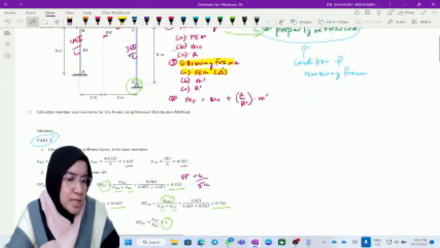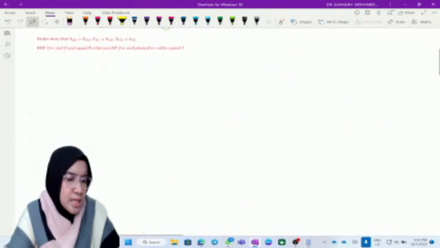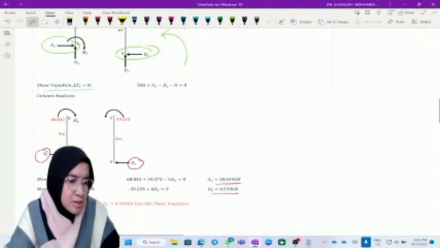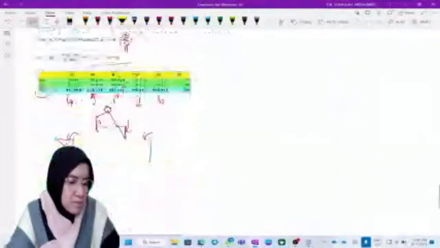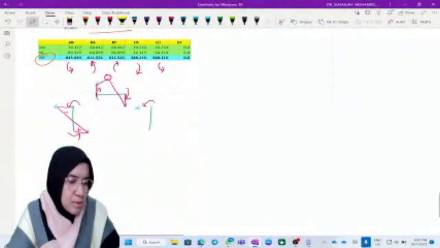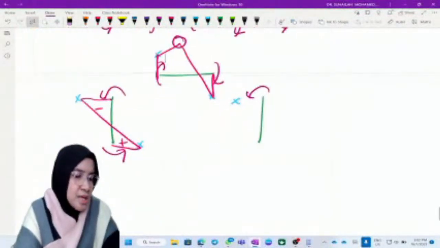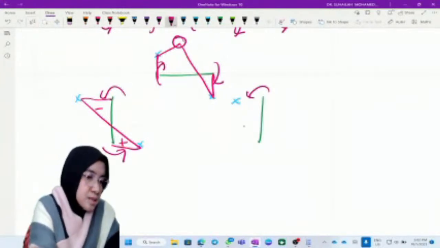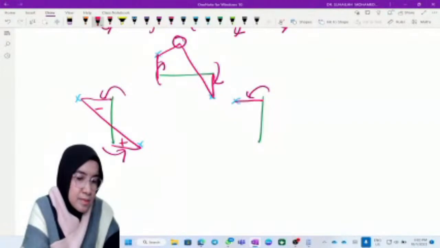So for CD, the diagram should be like this.